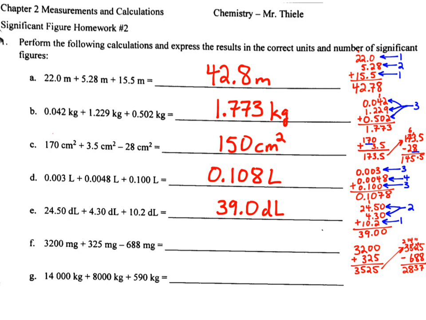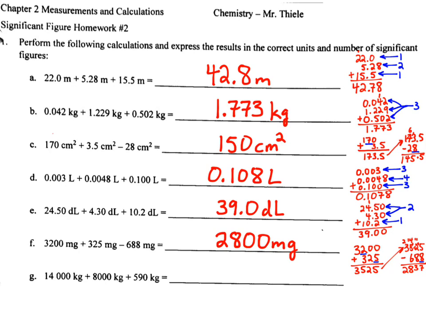And now we go back and look at the numbers that we started with, and the leftmost uncertain digit for each one is 2 for 3,200, 5 for 325, and 8 for 688. We have to go to the leftmost uncertain digit, that's the 2 in 3,200. That is in the hundreds place, so we need to round to hundreds. So 2,837 will round to 2,800, and our units are milligrams.